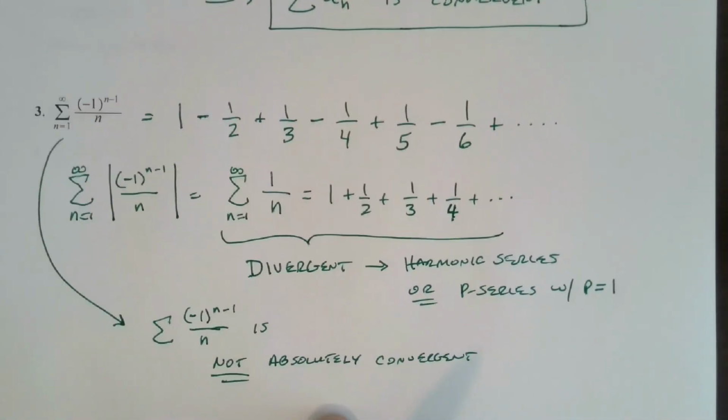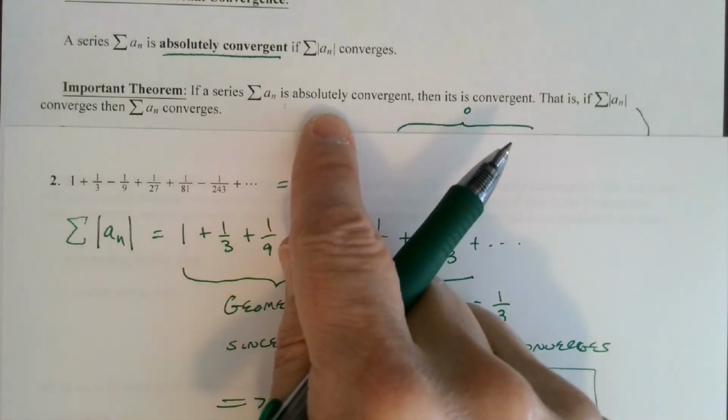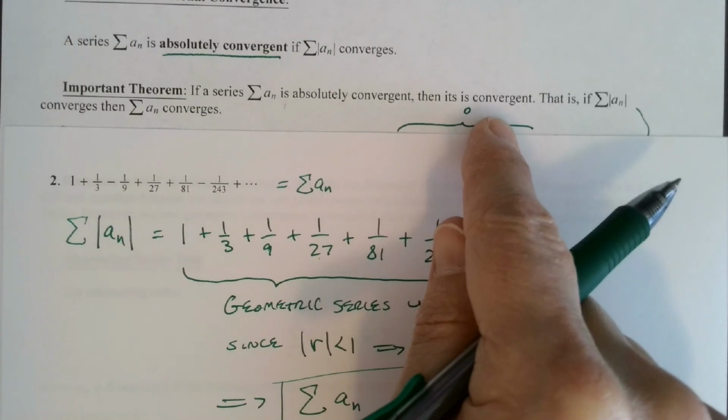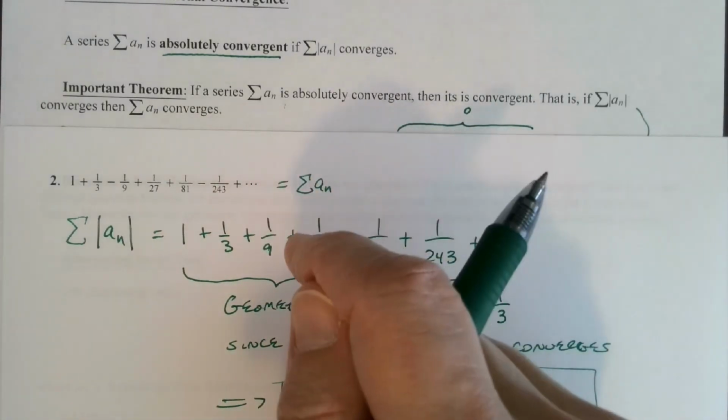Okay, so can we conclude that if it's not absolutely convergent, then the series does not converge? No. Go back to this theorem. All the theorem says is that if it is absolutely convergent, then it's convergent. It doesn't say if it's not absolutely convergent, then the series is not convergent.